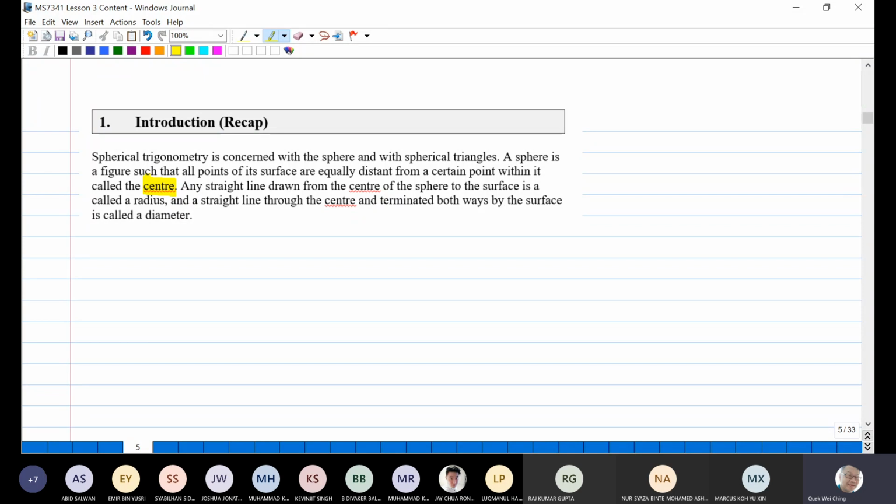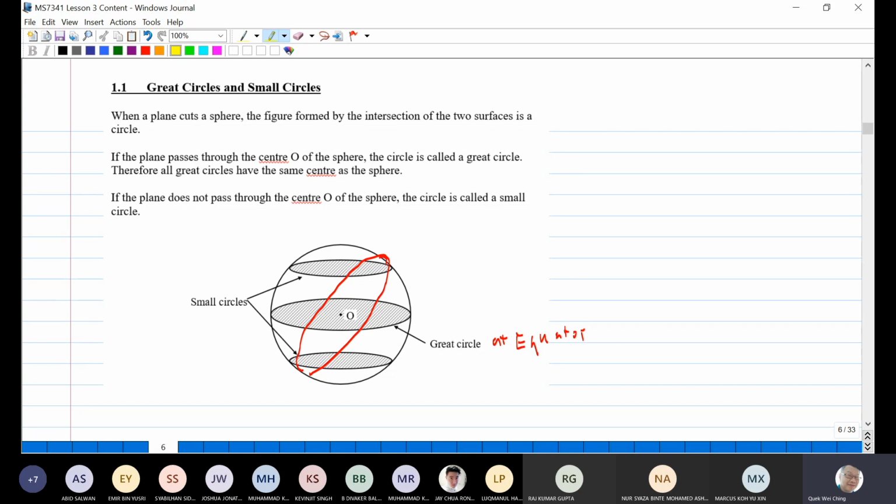There is a radius from the center to the surface of the sphere, and then a straight line joining two opposite points on the surface through the center is called the diameter. So let's look at the diagram. Before I look at the diagram, let's see if there are any messages so far. Okay, not really any messages here.